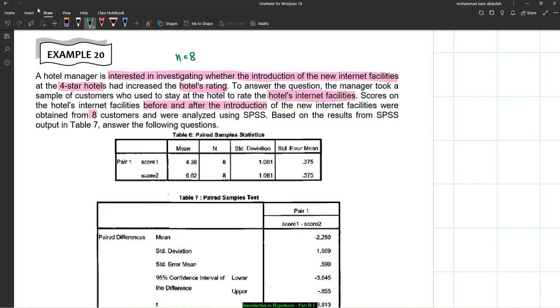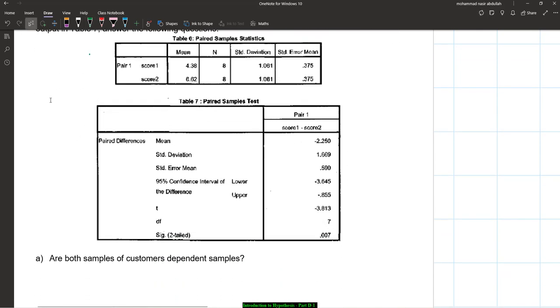So based on the result, I'll put in table number 7, answer the following question. So we have two tables here, table number 6 and table number 7. The first one is table number 6 and the second one is table number 7. Table number 6 is given as sample statistics for paired sample.